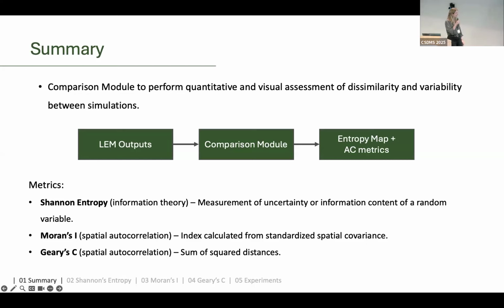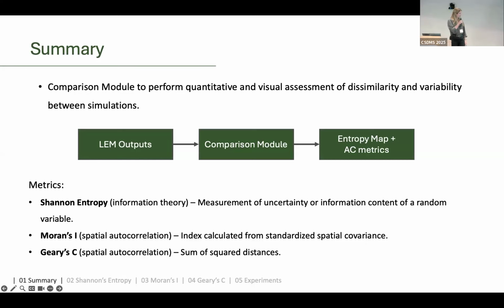In more fancy words, I wanted to build this module to perform quantitative and visual assessment of the similarity and variability between simulations. You input the outputs of your landscape evolution models into the module, and you get an entropy map and autocorrelation metrics. The metrics I used were Shannon entropy, which comes from information theory, giving a map highlighting the areas in which your interpretations are different.